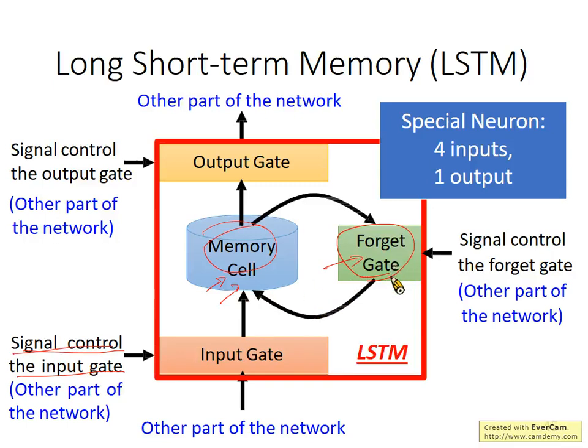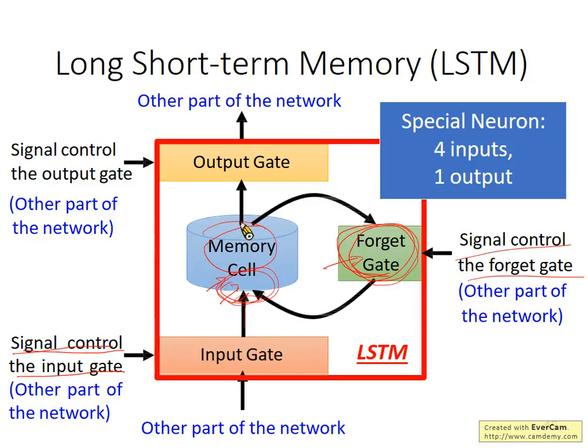For the forget gate, there is also another signal coming from outside of the memory cell to control whether the forget gate is open or not. If the forget gate is open, that means we can read the original memory, and then we can combine the memory information and the input information.